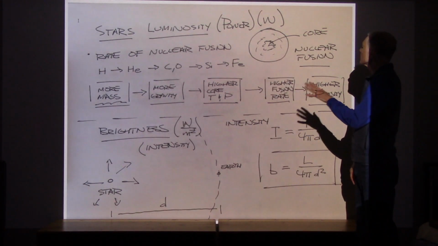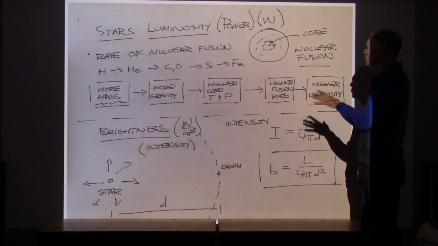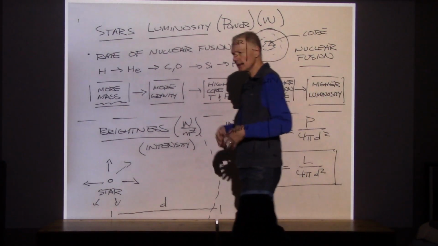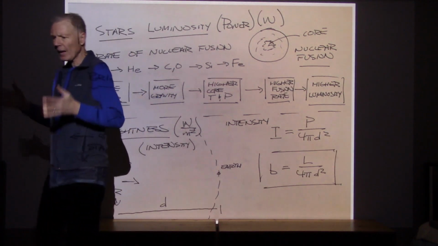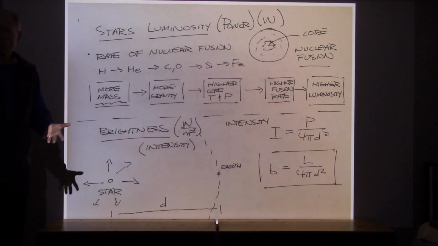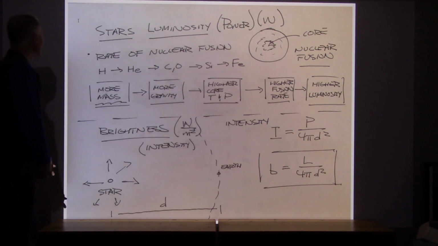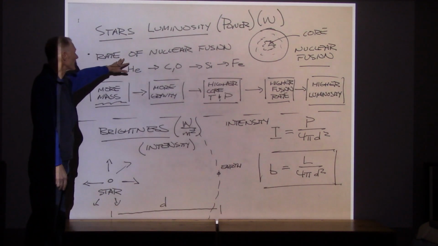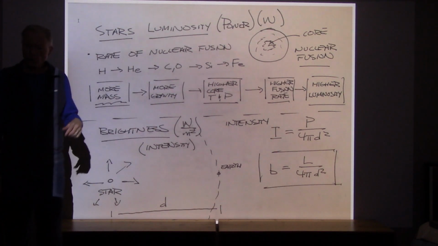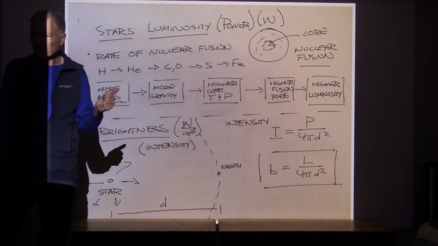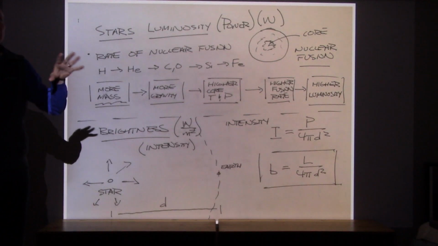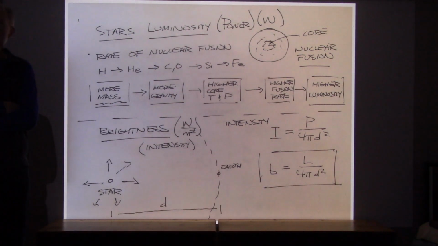Now let's talk a little bit about what does determine the luminosity of a star. What's going to determine how much energy, or the rate at which energy is being produced inside a star, is going to depend on the rate of nuclear fusion. So back in the previous chapter, chapter 42, we looked at nuclear fusion.